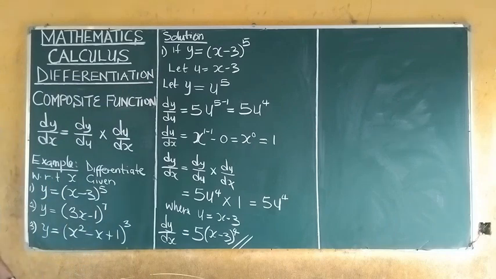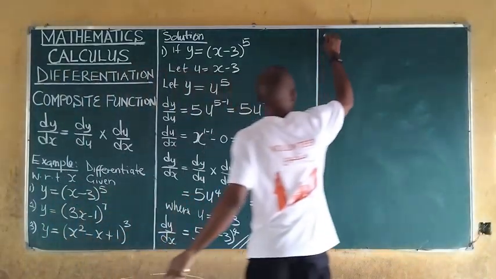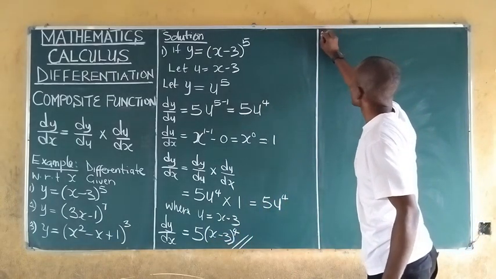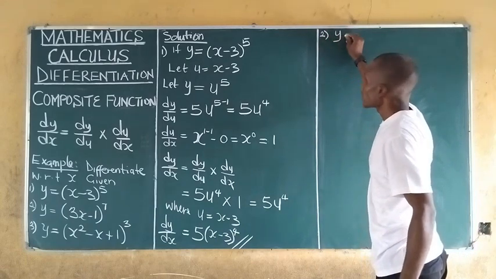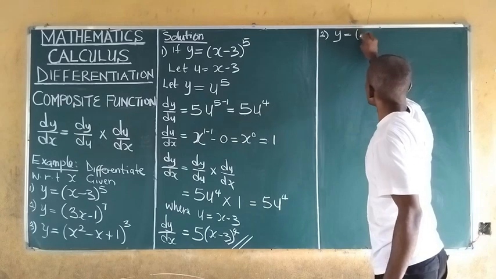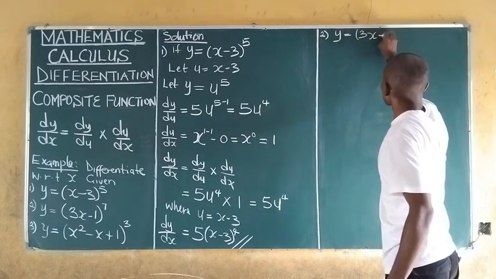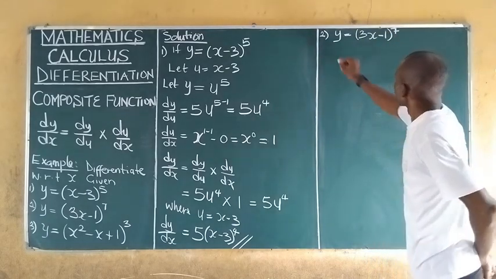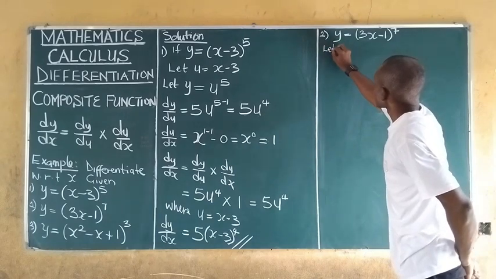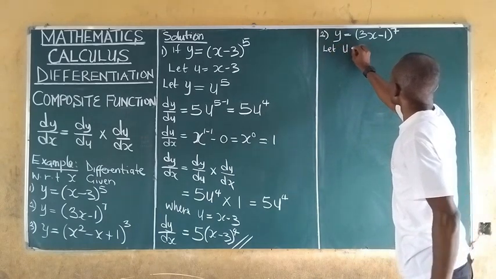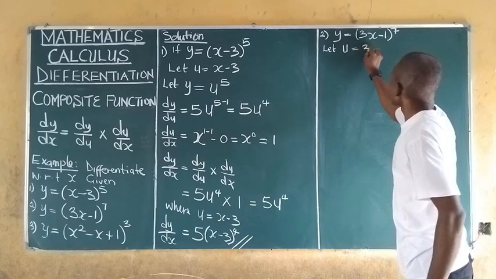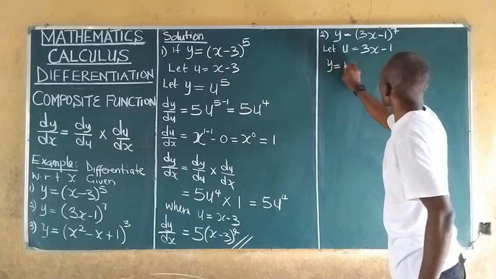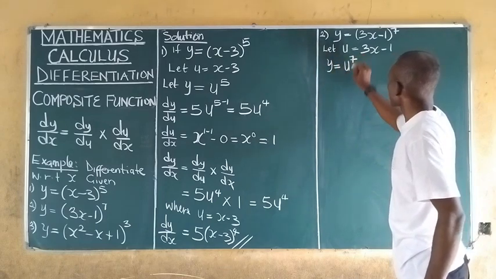So number 2, we have that y is equal to (3x minus 1) raised to the power of 7. We let u be equal to 3x minus 1 and y is equal to u raised to the power of 7.